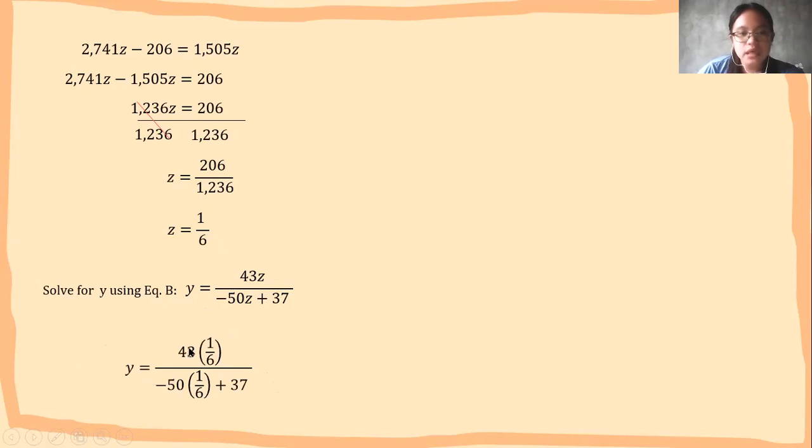Then we have 43 times 1/6 over negative 50 times 1/6 plus 37. So 43 times 1/6, we have 43 over 6. Over negative 50 times 1/6, we have negative 50 over 6 plus 37.